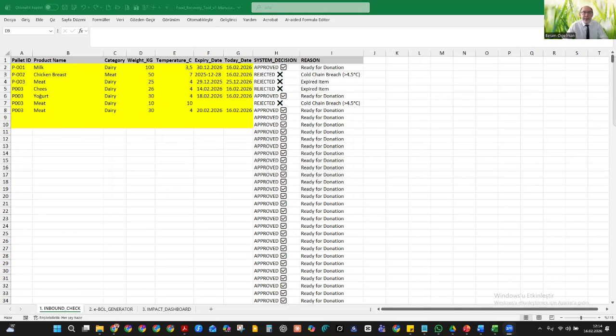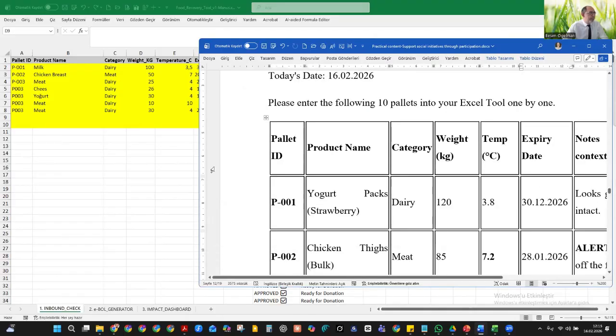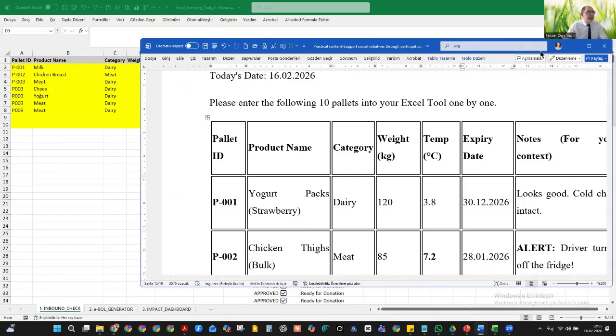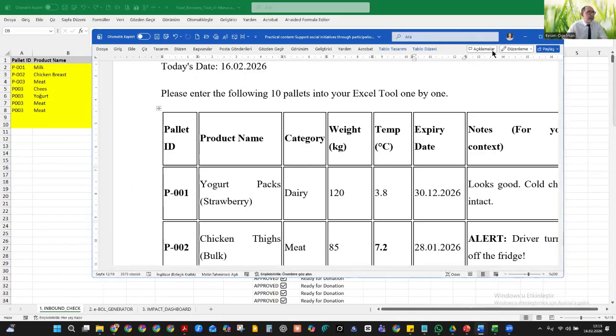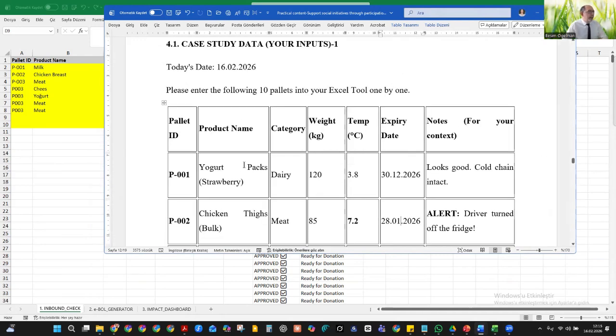You can find a lot of examples in the practical content document. For example, here, just a minute. Yes. Yogurt, pack strawberry. Okay. I'm going to copy this here.